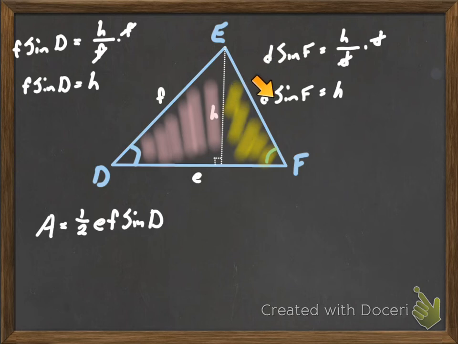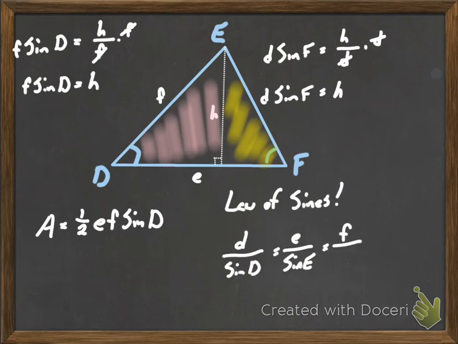So we can rewrite that. So the height also equals the length of side D times the sine of this angle. Well, if these two things equal H, I can set them equal to each other. That's the transitive property.